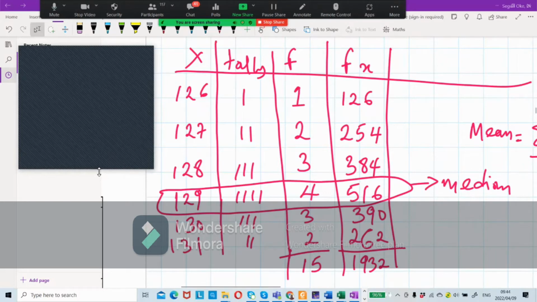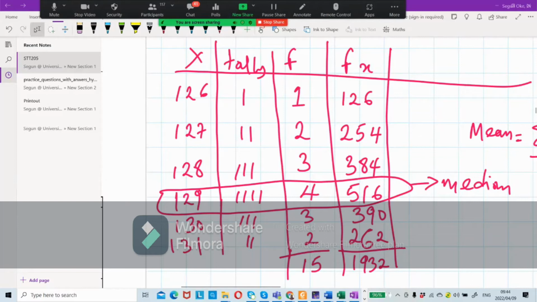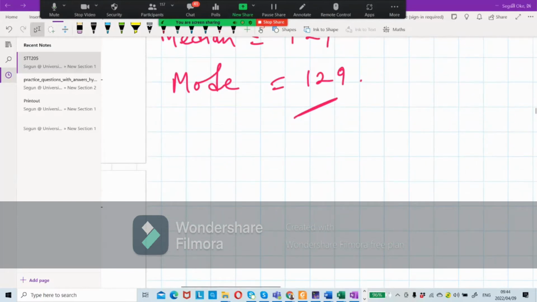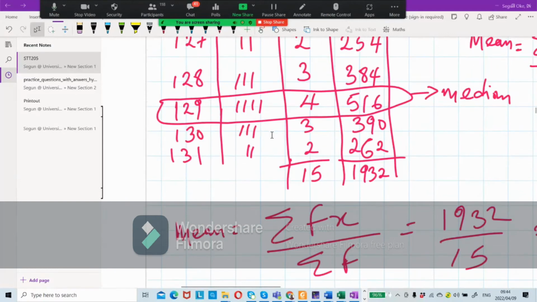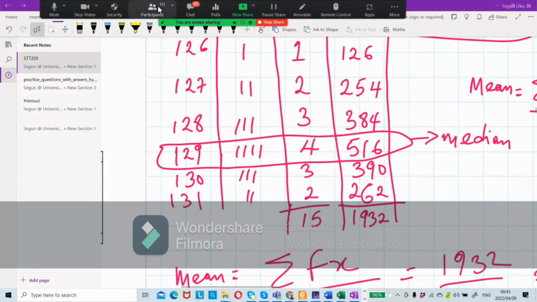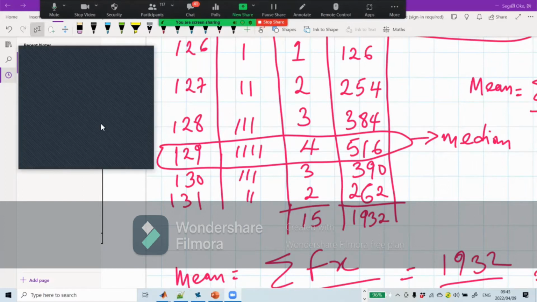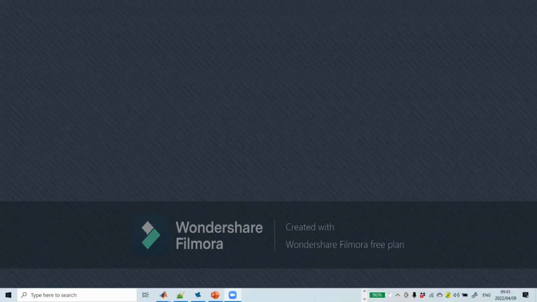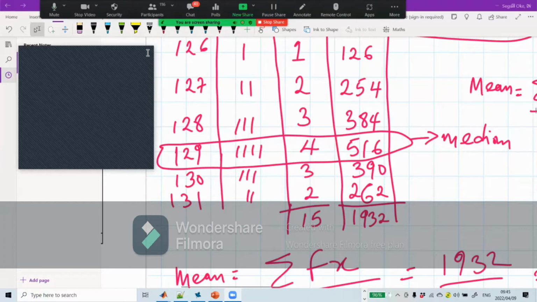Okay, let's continue, please. Sir, I don't really get the explanation on the median.